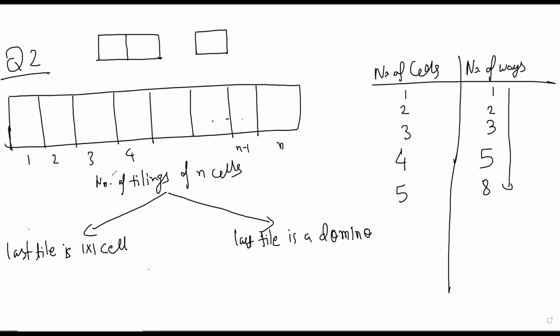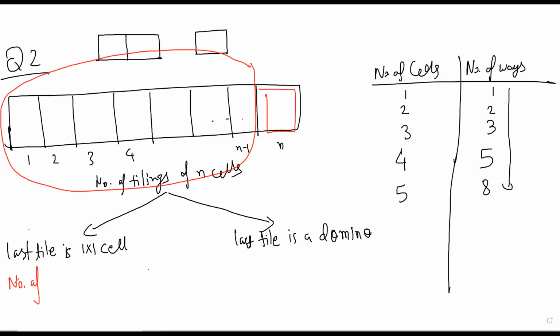If the last tile is a 1 by 1 cell, then do you agree that the problem now becomes n minus 1 cells and tiling them using dominoes or 1 by 1 cells? Because now we are left with n minus 1 cells, and it's the same problem.